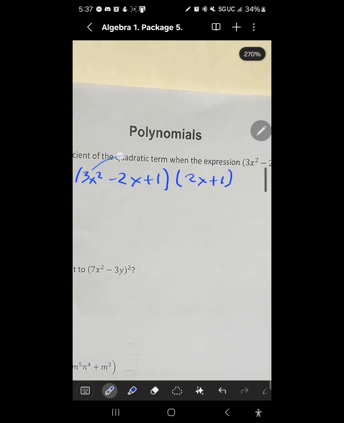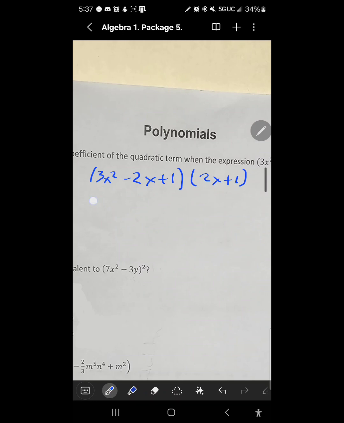3x squared times 2x will be 6x cubed: 3 times 2 is 6, and x times x squared is x cubed. Now 3x squared times 1 is just 3x squared.